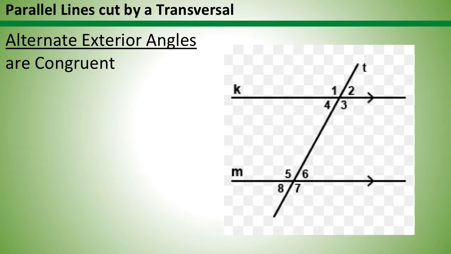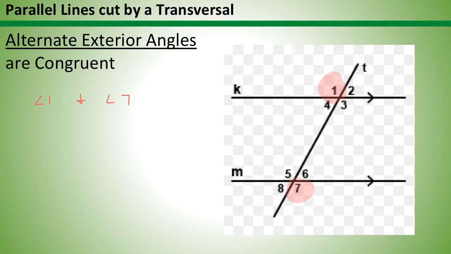Another relationship that we're going to see is alternate exterior angles. Alternate means opposite sides of the transversal, and exterior means they are outside of the parallel lines. One example would be angle 1 and angle 7.